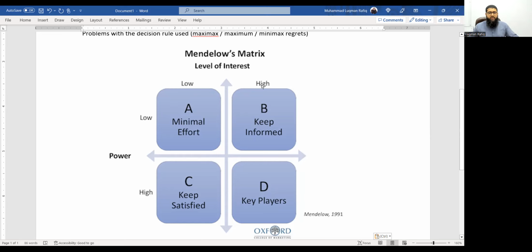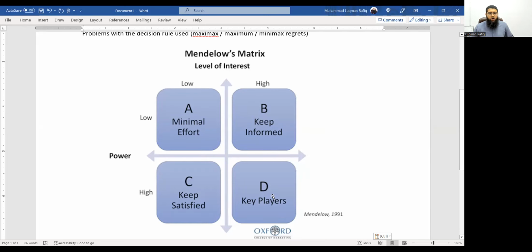Similarly, if the stakeholders have a high level of interest and low power, you need to keep them informed, because their interest is high. They may not have a high power, but they have a high level of interest. Lastly is the key players. And when we talk about the key players, they are what? High level of interest, high level of power.